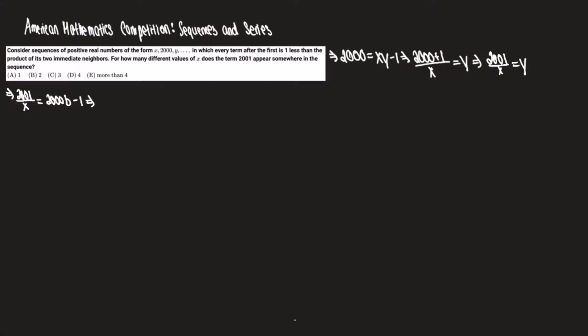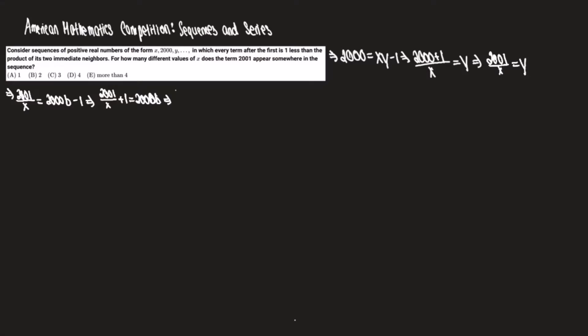So solving for b, you get 2001 divided by x plus 1 equals 2000b. Alright, and then you divide by 2000. So let's simplify the left hand side first.